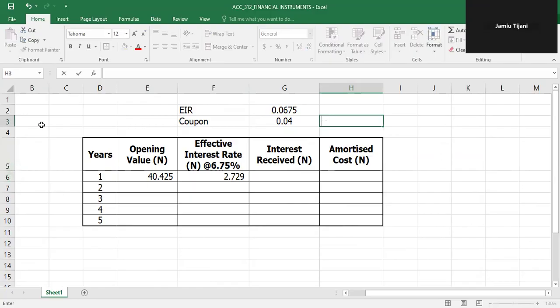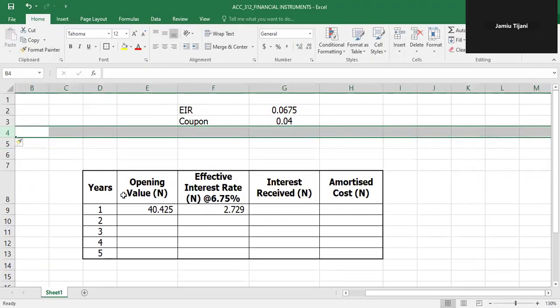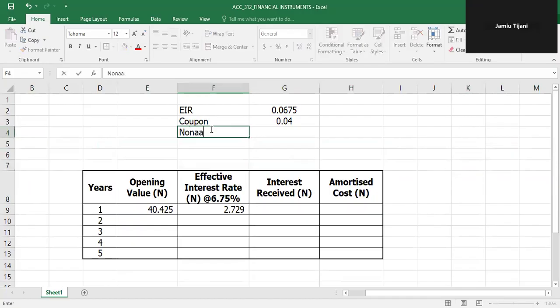What's the nominal value of the bond? Let's show the workings of that too. Our nominal value is 47.25 million.